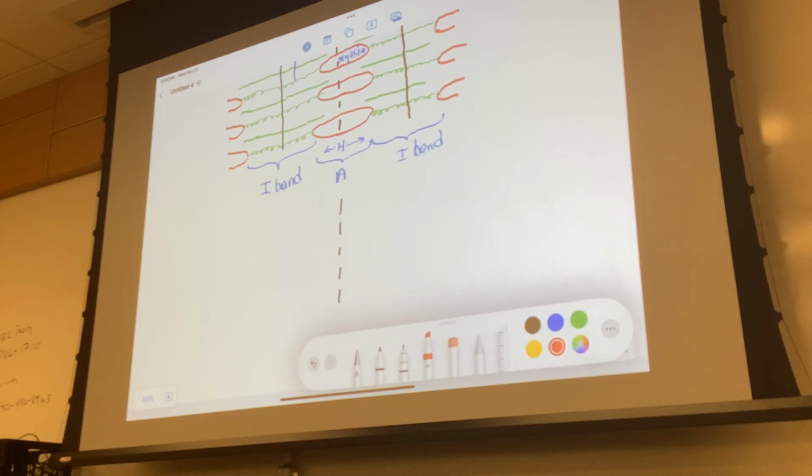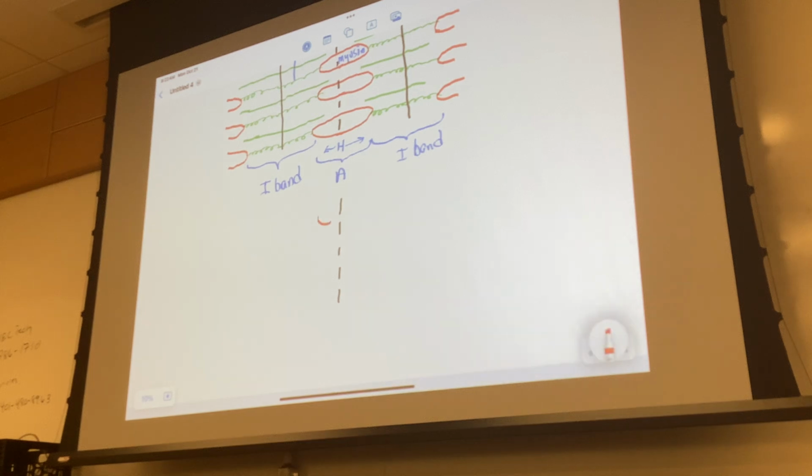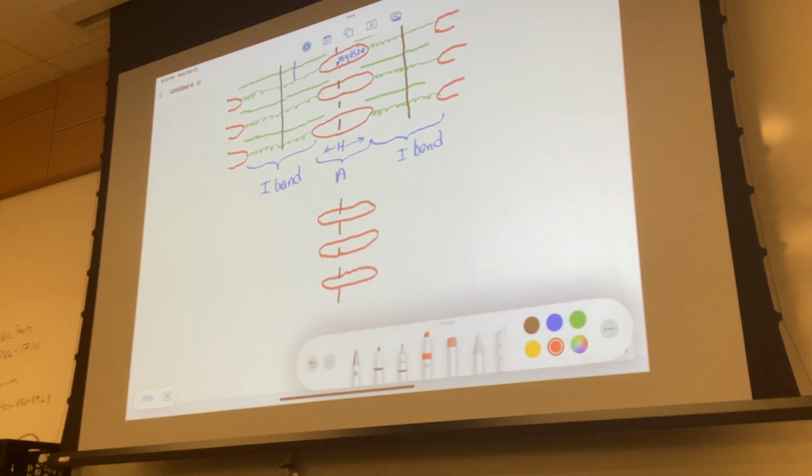And then the myosin molecules, 3 of them. We're not labeling this because this is going to be a contracted sarcomere. So this will be a contracted sarcomere.